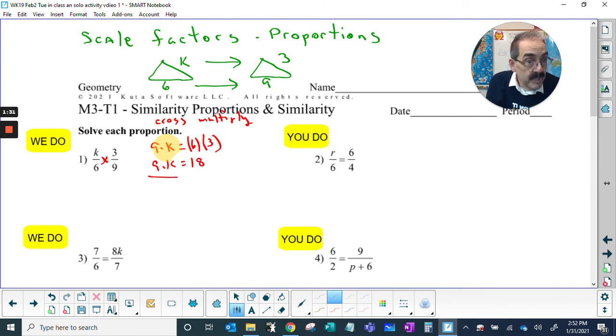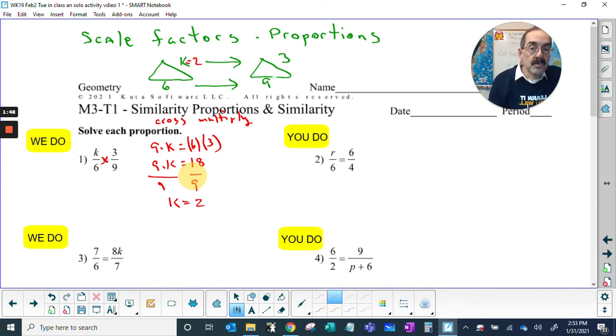Undo the multiplication. What's the opposite of multiply? Divide. Divide by 9. And k is 2.